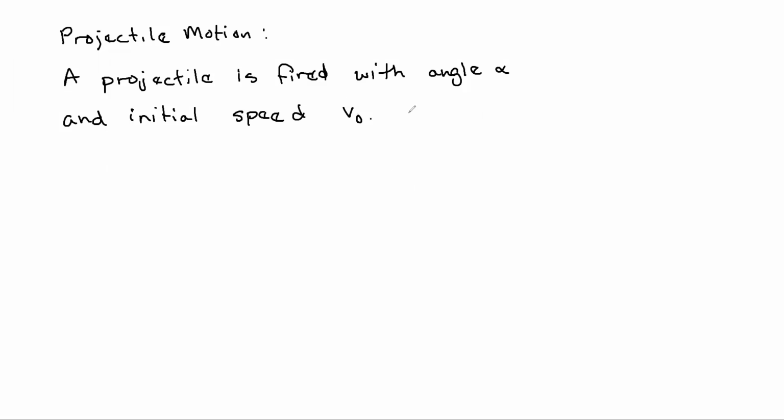Next, we want to find the position function for any time. We're told to ignore air resistance. This is a simplified model, and the only force acting on the object is due to gravity.